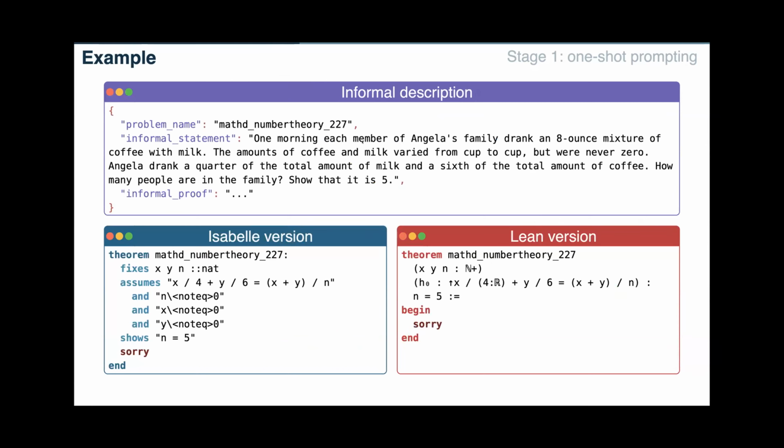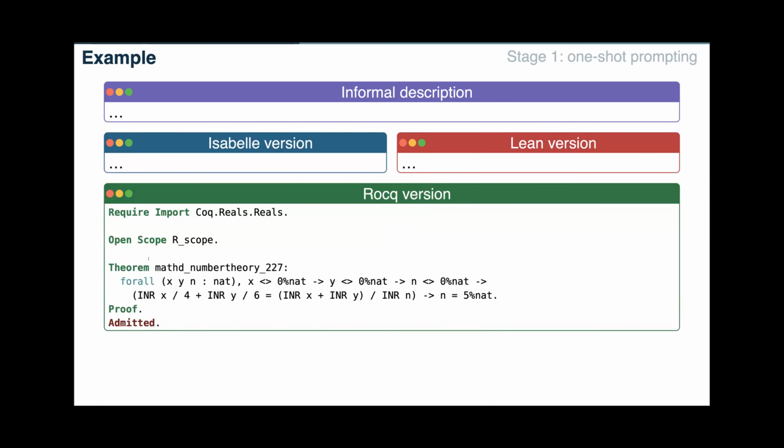Looking back at the first example I showed you, those were the informal description and the Isabelle and Lean versions. A model successfully translated this problem at stage 1 and outputted this theorem, which is a correct translation.